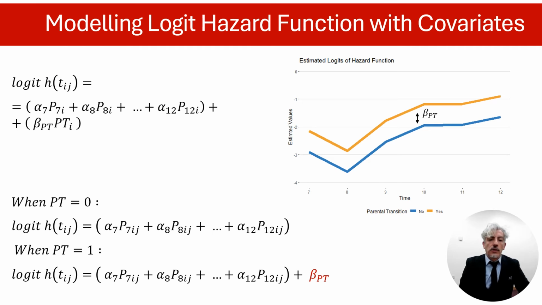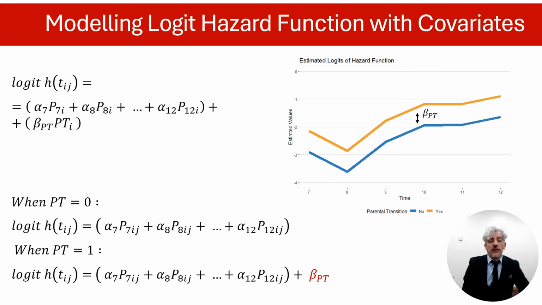Here I'm going to consider only one covariate, parental transition. When this covariate PT is 0, indicating adolescents that did not experience parental transitions, we obtain the baseline function that I described before. But when the covariate is 1, for cases that did experience parental transitions before the start of the study, we are basically adding the slope of the covariate to the baseline model in each time period.